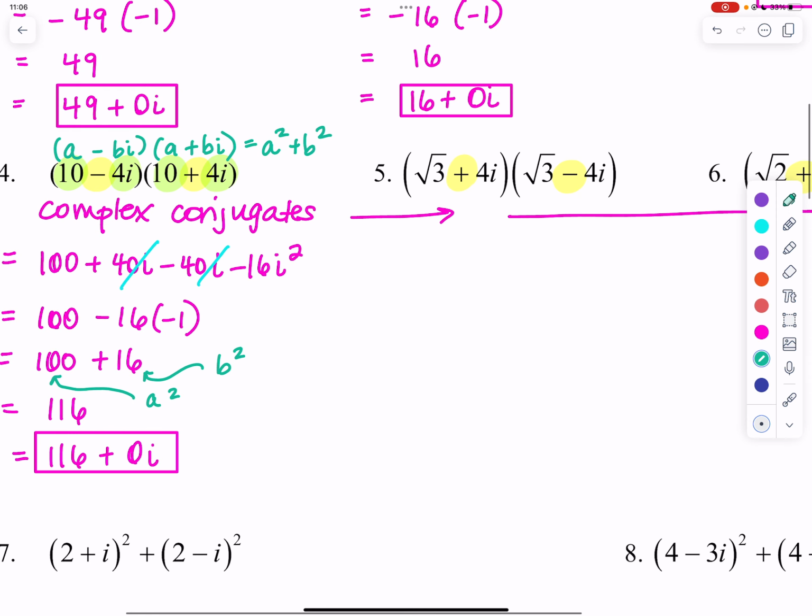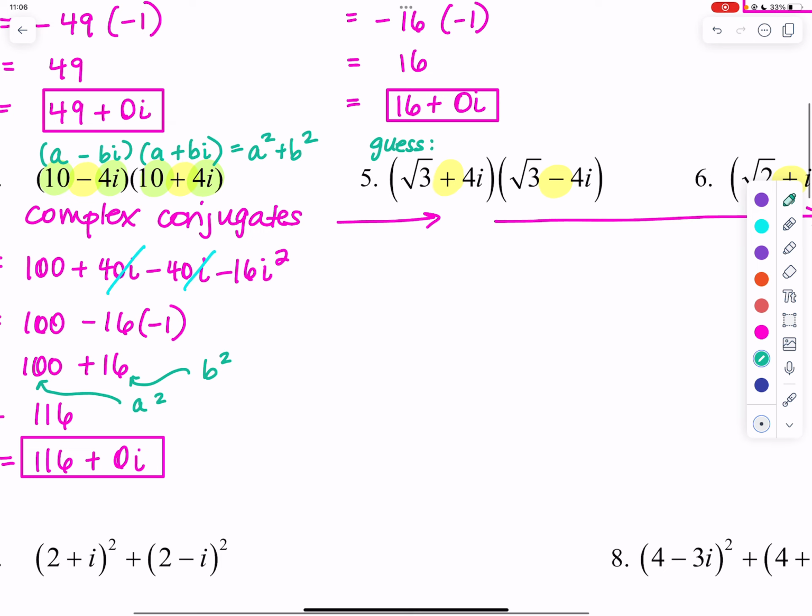So let's guess here. Our guess, just from what we learned before, would be in number 4, the square root of 3 squared plus 4 squared. And that would be 19.